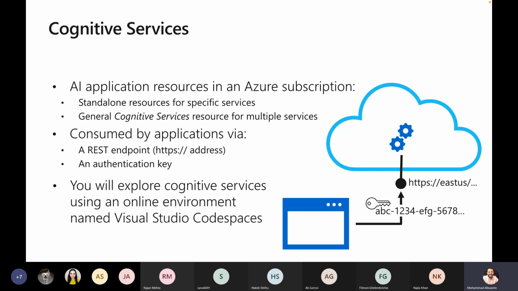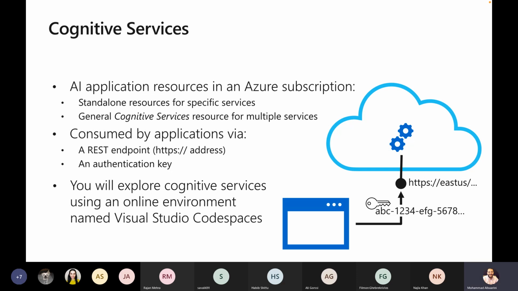So using a standalone, service-specific resource enables you to manage costs and access to that service independently of other services you may be using. While a general cognitive services resource enables you to combine all your AI services in a single Azure resource for centralized management.